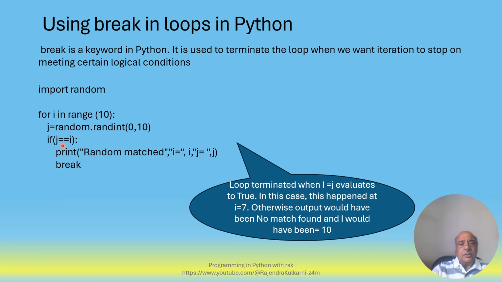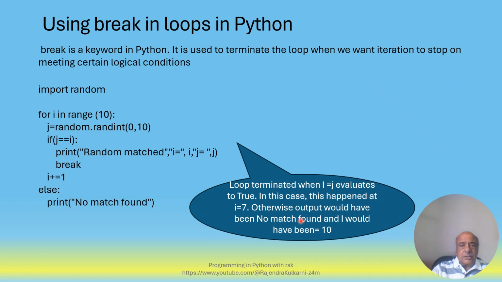So when i and the randomly generated number at that particular iteration match, the loop will terminate. Otherwise i is incremented by 1, else no match found. So the loop is terminated when i is equal to j evaluates to true in this if.